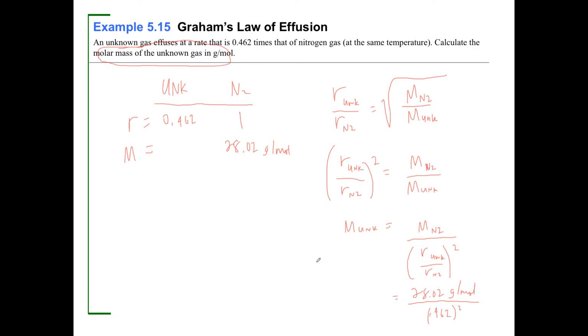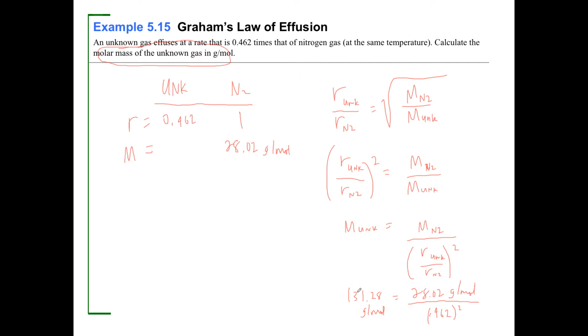Okay, so I get 131.28. I have a feeling it's like xenon or something like that. 131.28 grams per mole. I'm going to just check my numbers here real quickly before I move on. 28.02 divided by 0.462 squared equals 131.28. Okay, I think that's right.